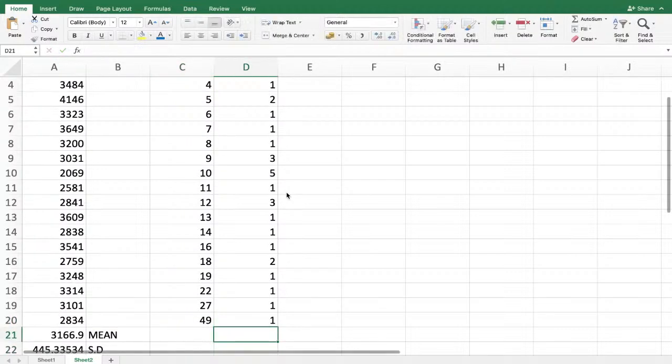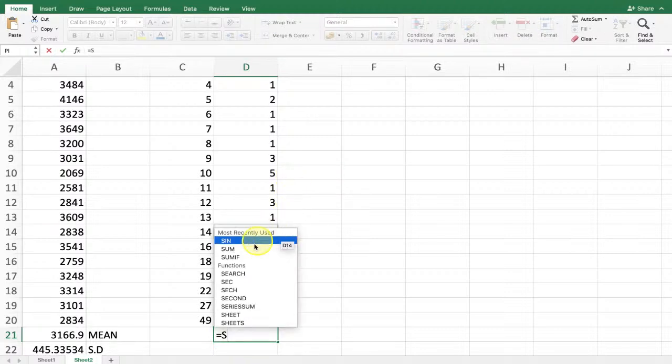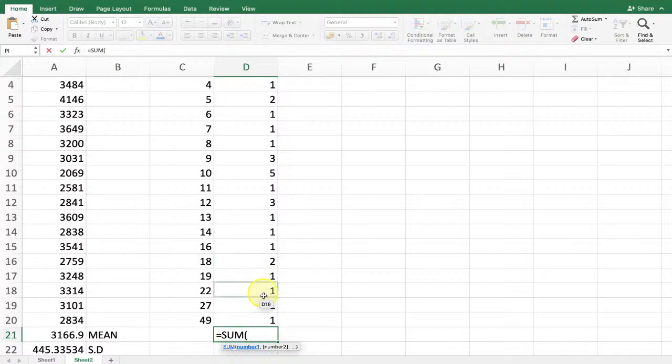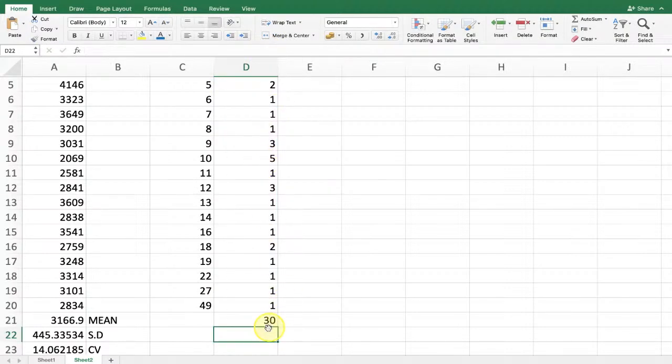The sum of all these frequencies should be 30. So how do we compute the mean?